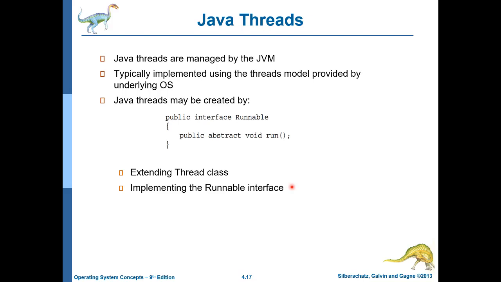So it's better that these tasks are done separately by different threads. One way of doing this is to use the runnable interface. The other one is extending the thread class. Both of these are ways of implementing threads in Java.